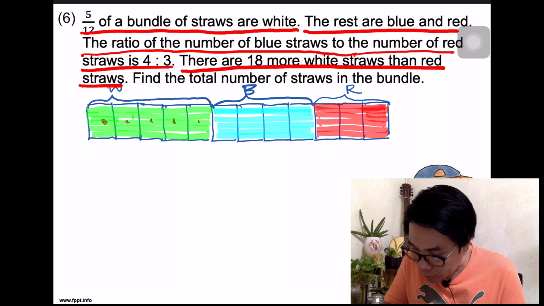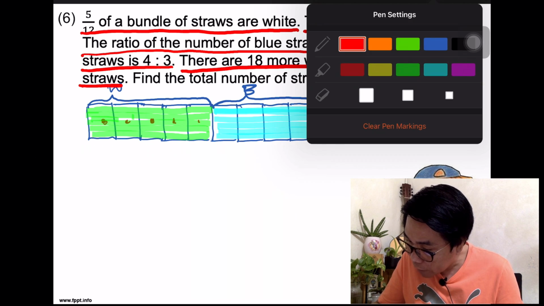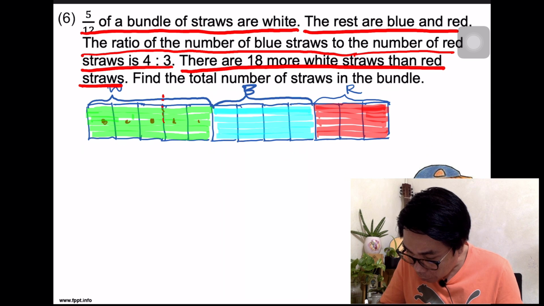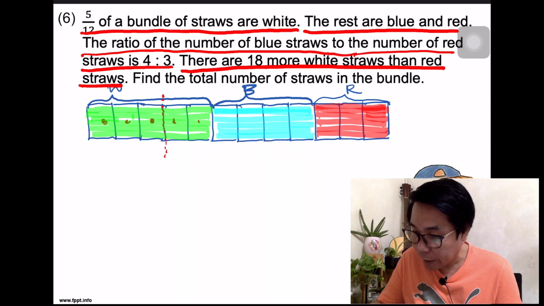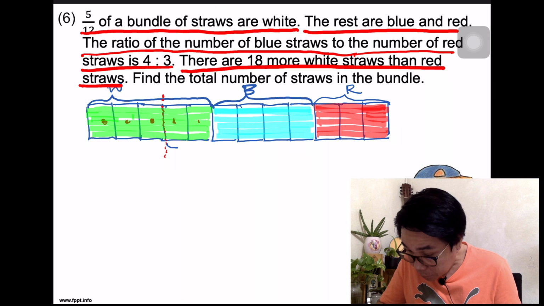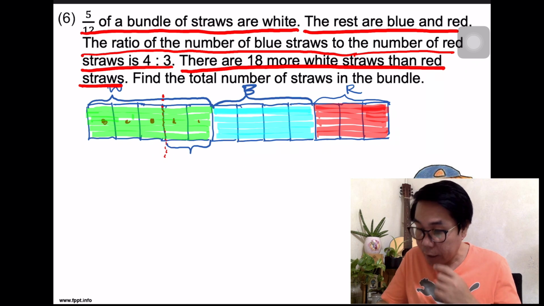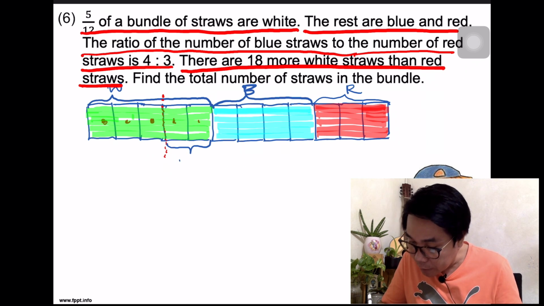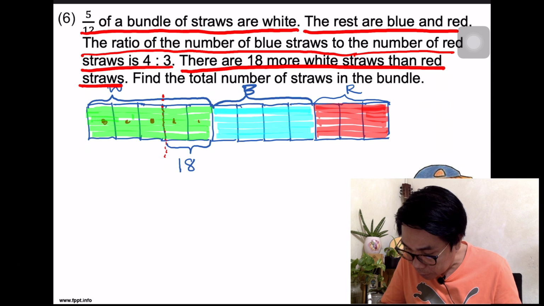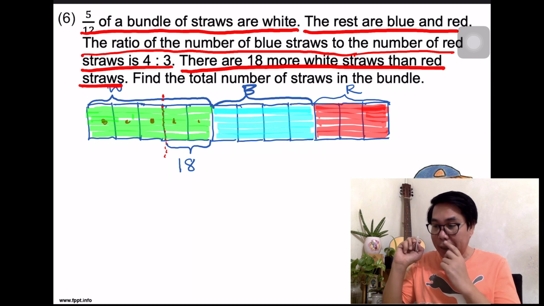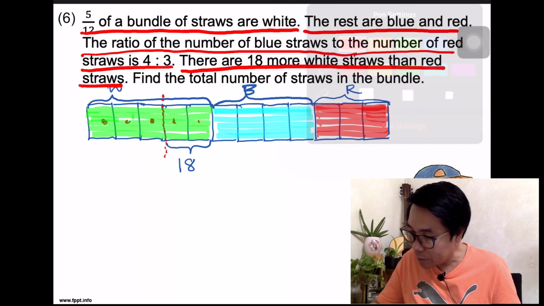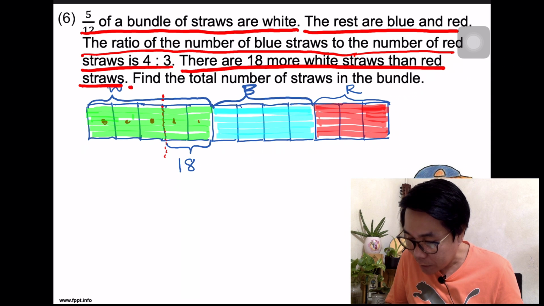If this one is the red, 1, 2, 3, until here, then 2 more, and these 2 more is 18.